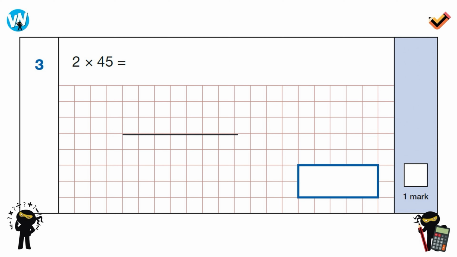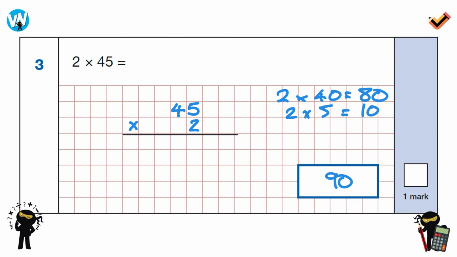So again, 2 times 45, we would be having 45 times 2. And again, ideally, we would just know that this is 90. Okay, or we could see that 2 times 40 is 80. You know, a little partition and jot. 2 times 40 is 80. 2 times 5 equals 10. And we can just see that that's 90.